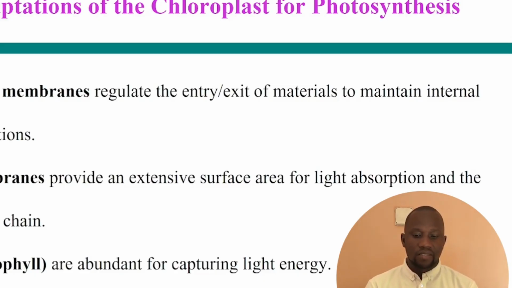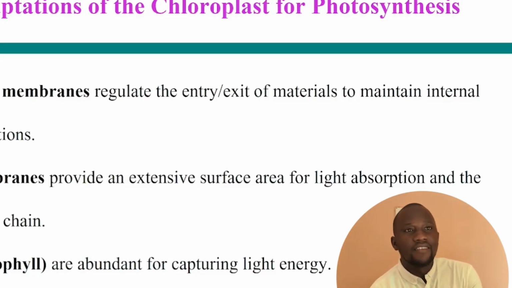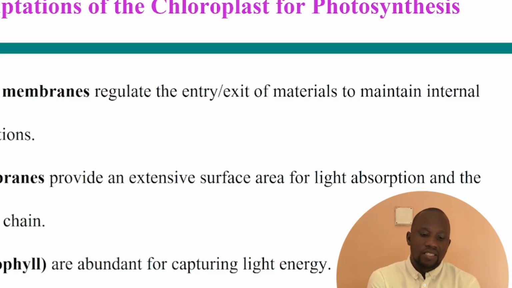The thylakoid membranes are very extensive and also have enzymes and chlorophyll that are very important for the process of photosynthesis. We have enzymes in the stroma. We have the chlorophyll that is also there in the chloroplast.